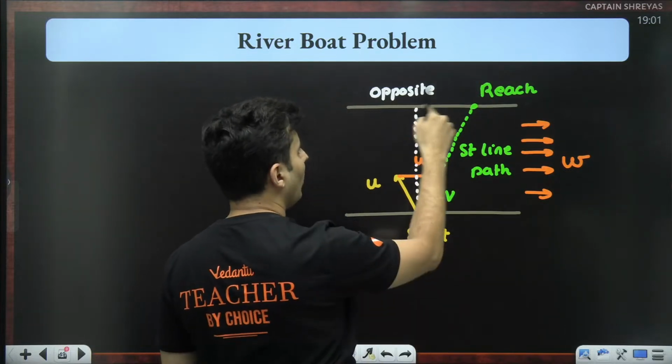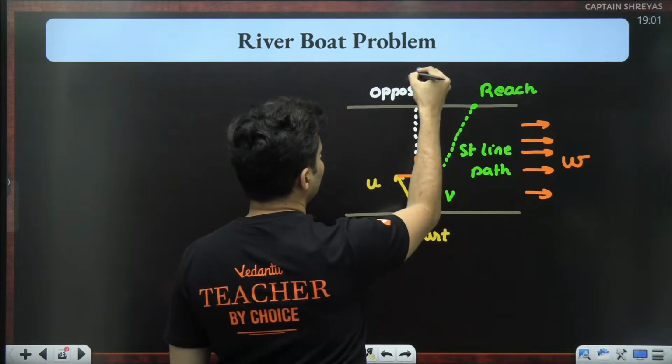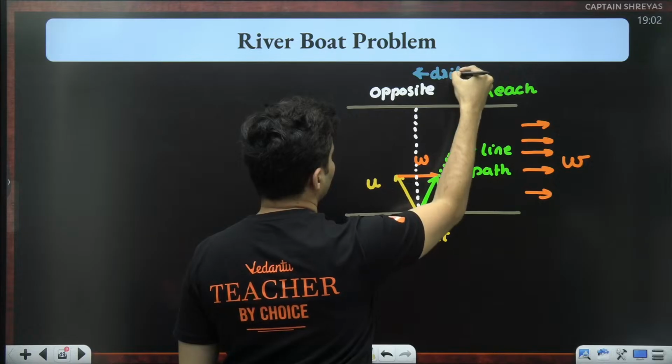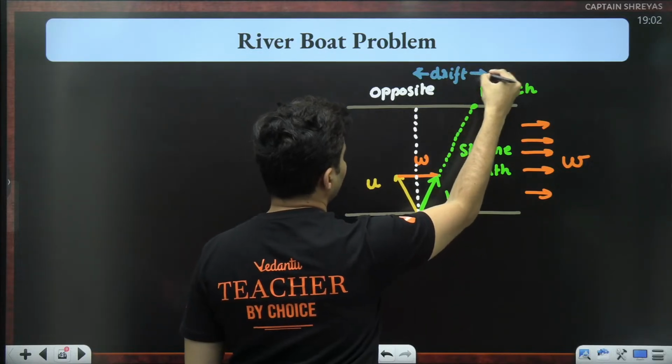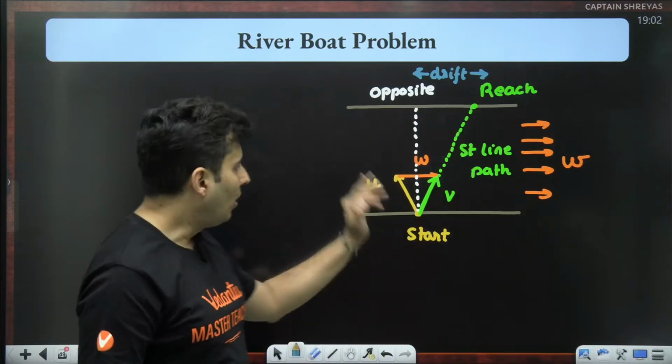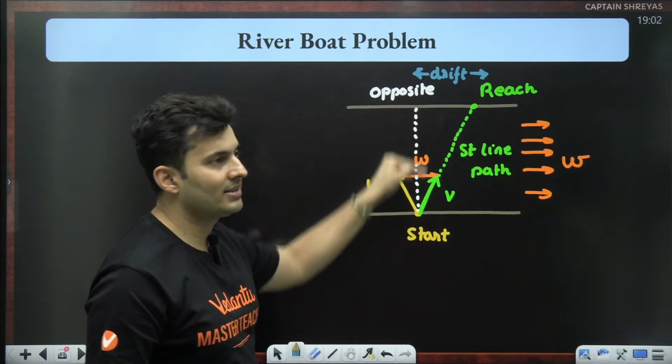How far from the opposite edge you are reaching, this is going to be called the drift which the person encounters. There is some drift. Also, you take some time to cross the river.